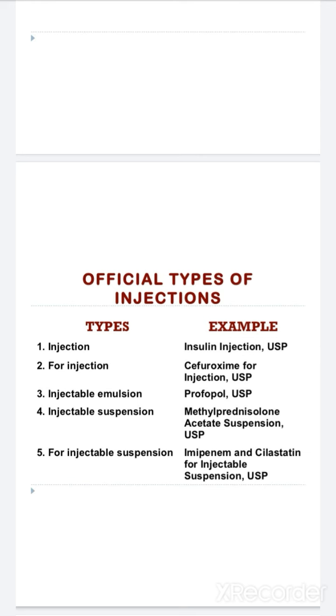Then injectable emulsions are also there, like Propofol, here also written USP. Injectable suspension means we have to inject the suspension. Here are some examples of injectable suspensions.